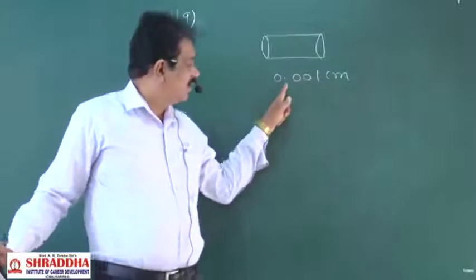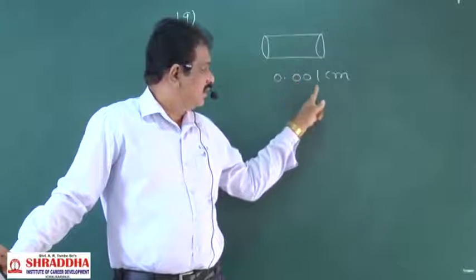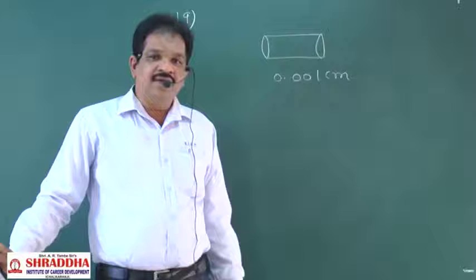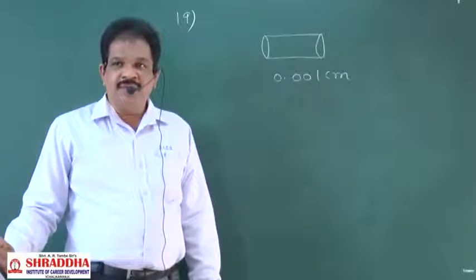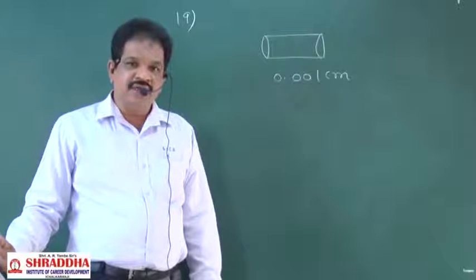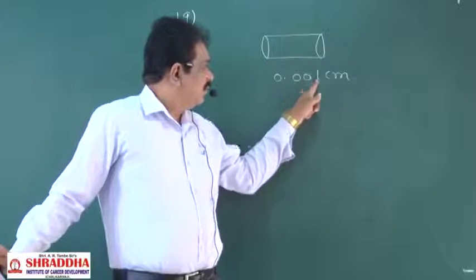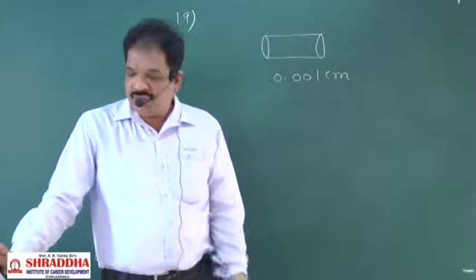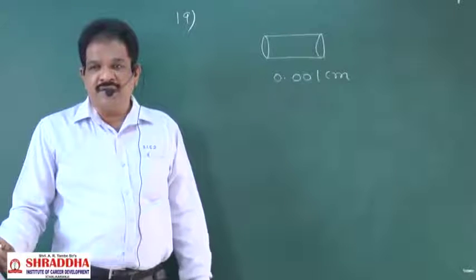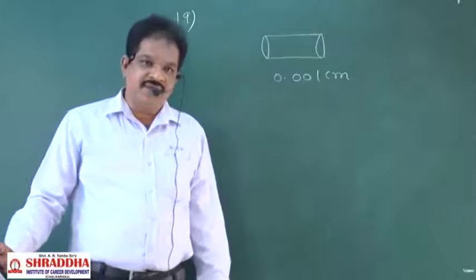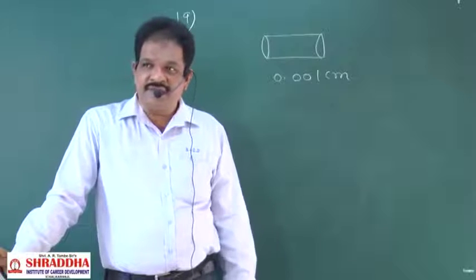Okay. Then what is the correct reading? So after decimal point, how many digits are there? 3. In the measurement also, after decimal point, 3 digits should be there. That is the logic. So here, first option you see after decimal point 2 digits are there. Second option after decimal point 1 digit is there.